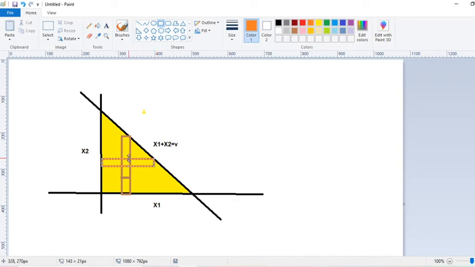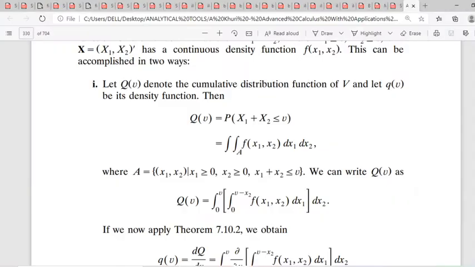At the same time, x2 is moved from 0 to v. So x1 can be moved from 0 to v minus x2 and x2 can be moved from 0 to v. So that is the integration.